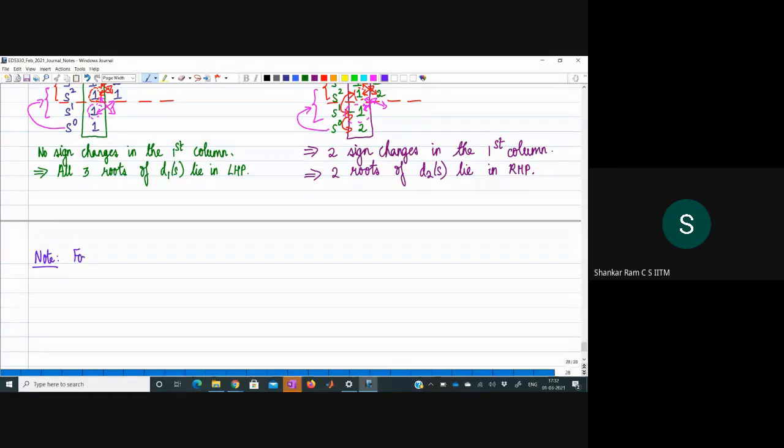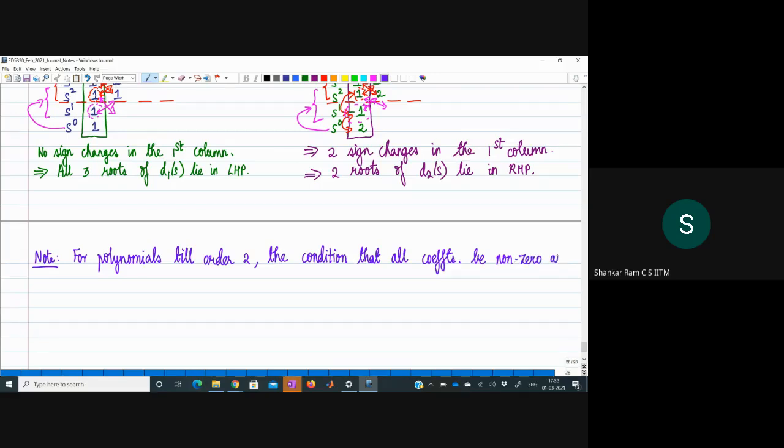For polynomials up to order 2, the condition that all coefficients be non-zero and of the same sign is both necessary and sufficient.